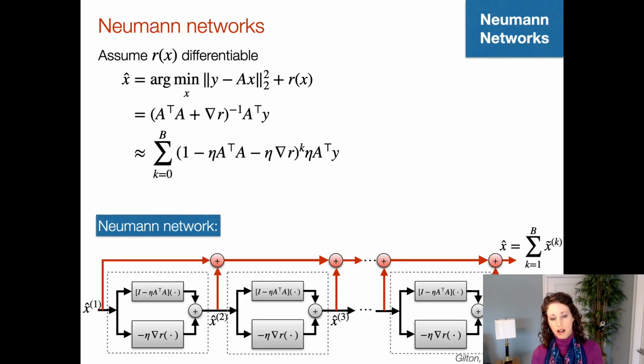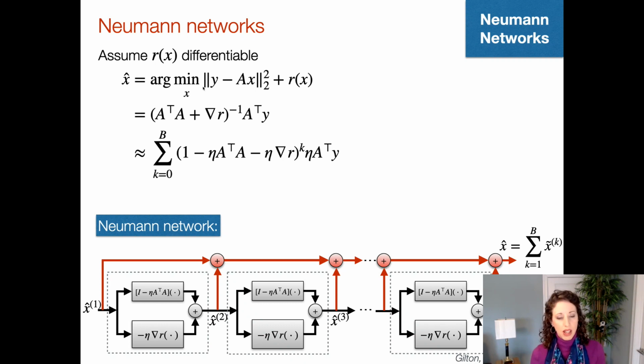I'd also like to consider a variant of this called Neumann Networks, which was developed with my student Davis and postdoc Greg. So again, we start off by saying, imagine that we had a differentiable regularizer R, and we wanted to solve this optimization problem.